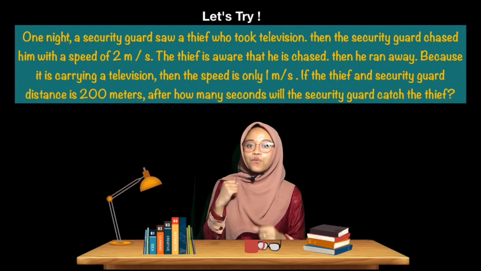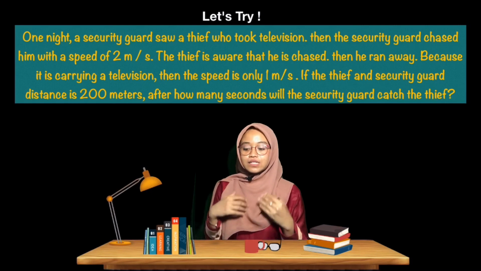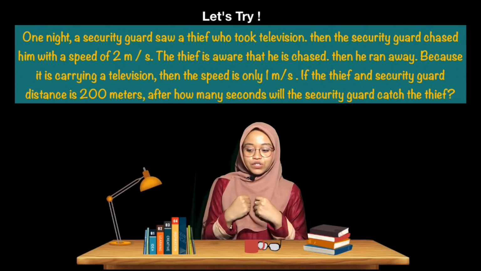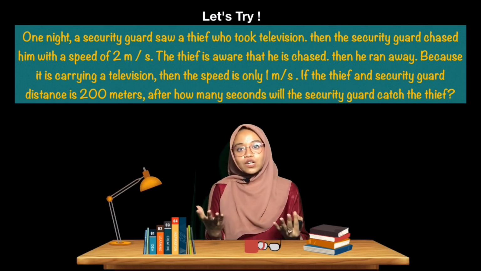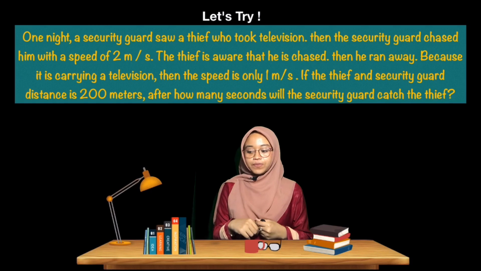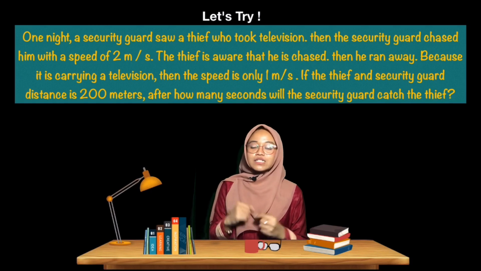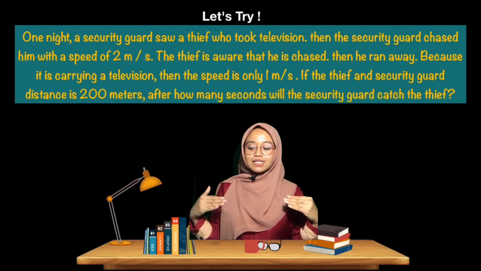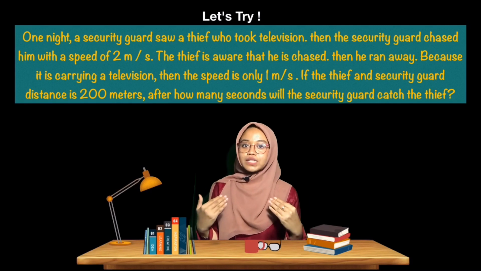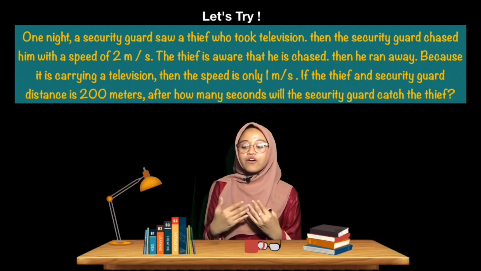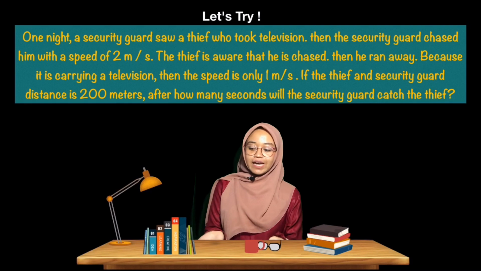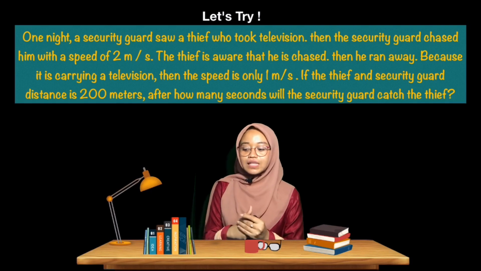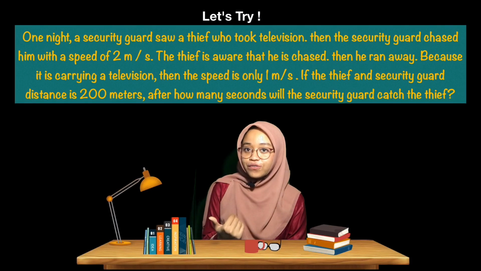Then he runs away, but because he is carrying a television, his speed is only 1 meter per second. If the distance between the thief and the security guard is 200 meters, after how many seconds will the security guard catch the thief?